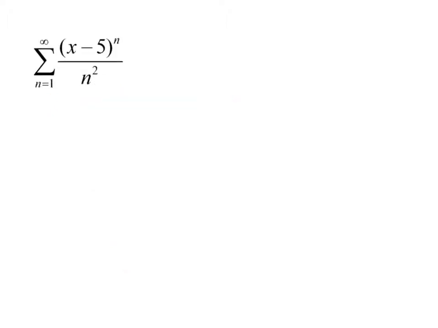In our last example for this video, we've got (x minus 5)^n over n squared. So let's set up our ratio test. Multiply by the reciprocal. Taking the limit as n approaches infinity.